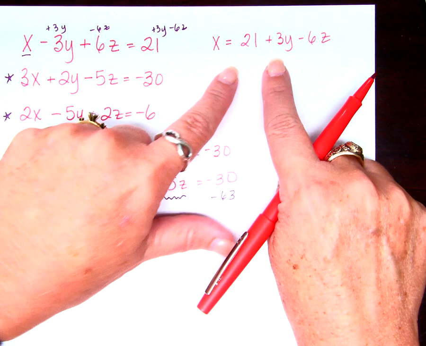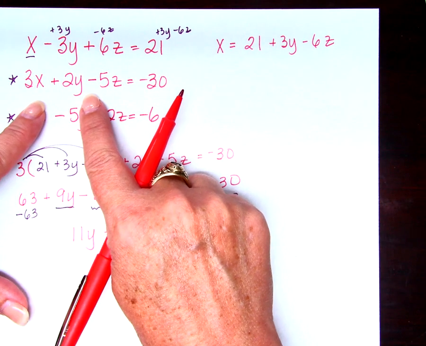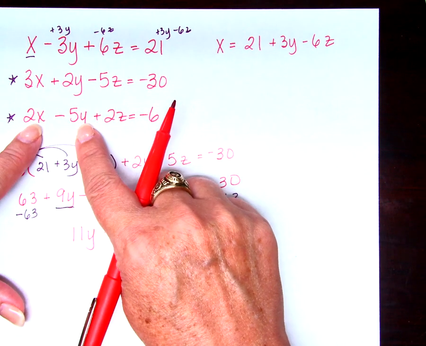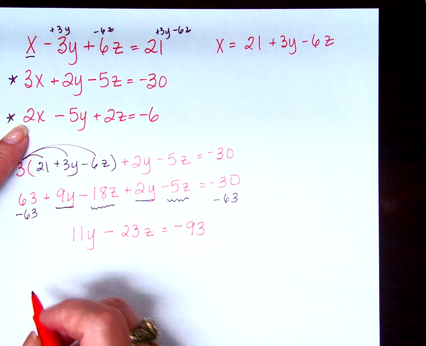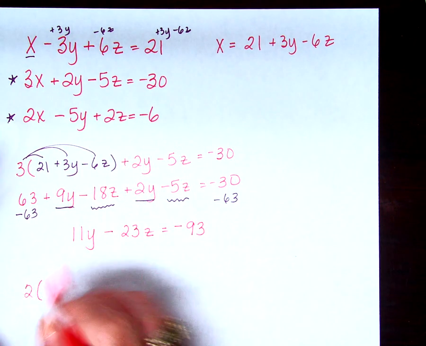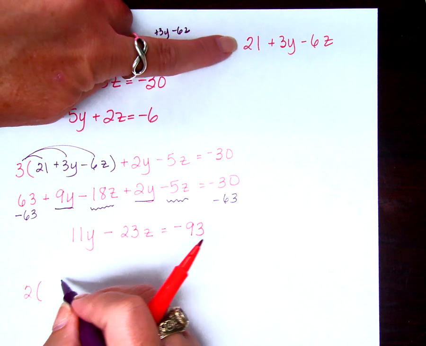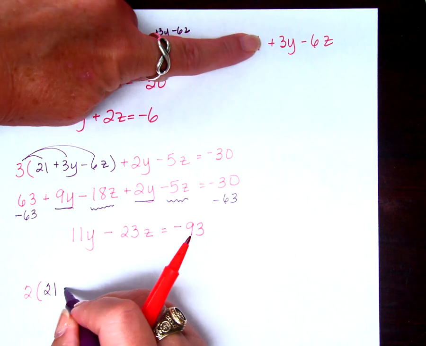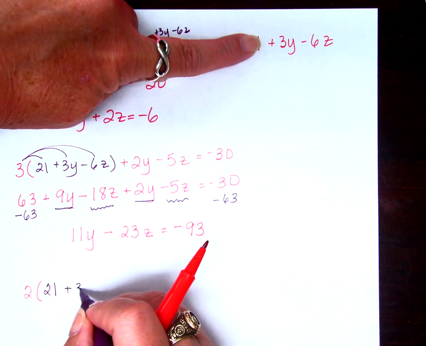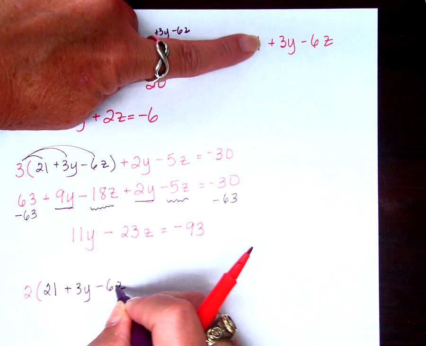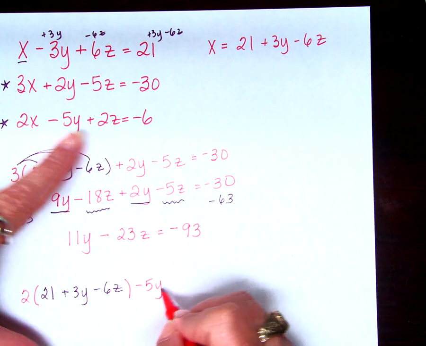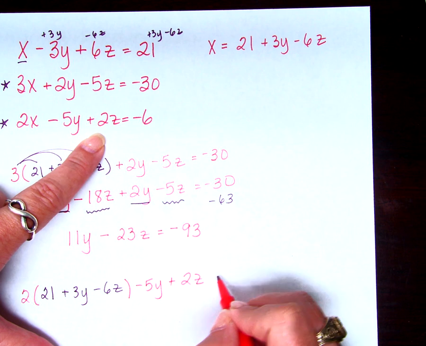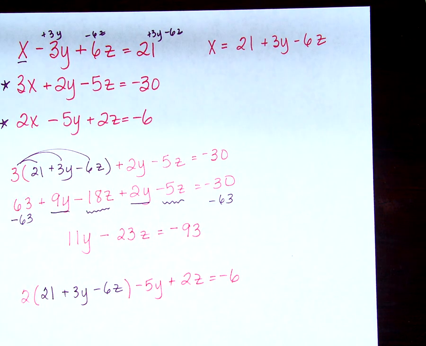I already substituted this into the second equation. What did I say a minute ago we needed to do also? Into the third equation, right? So start over. Substitute this into the third equation. 2 times 21 plus 3y minus 6z minus 5y plus 2z equals negative 6.